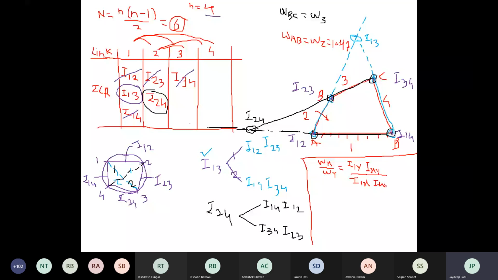Now in that case you have to consider x is your 3 and y is your 2. Suppose we consider here omega 3 is equal to omega x, and omega 2 is equal to omega y. Now tell me the formula.